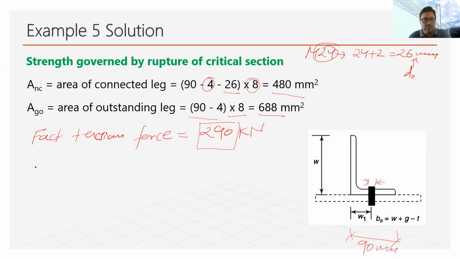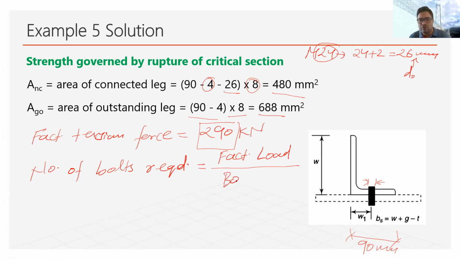We will write here number of bolts required. The formula for this is the factored load, and in our case it is factored tension force, so factored load upon bolt value.